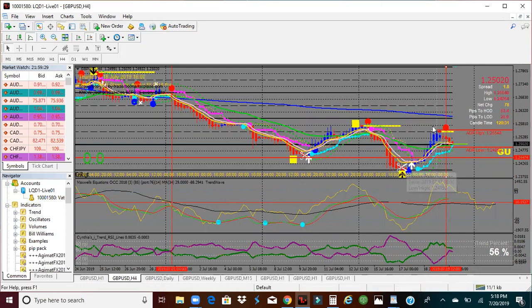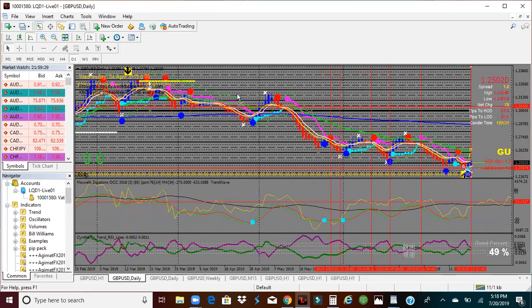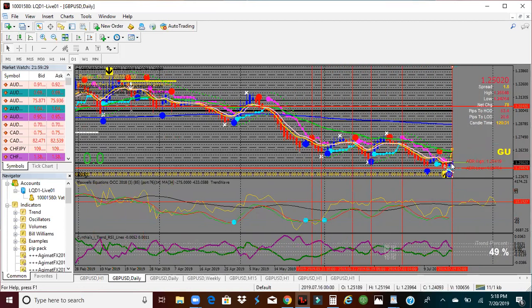This is just how much it moved on a smaller time frame. But if you go to the higher time frame, this move barely looks like anything. So for instance, let's turn that into the daily. That move is nothing. It barely looks like anything.